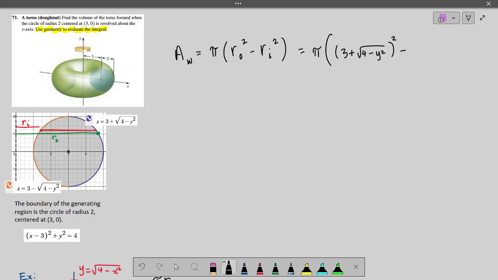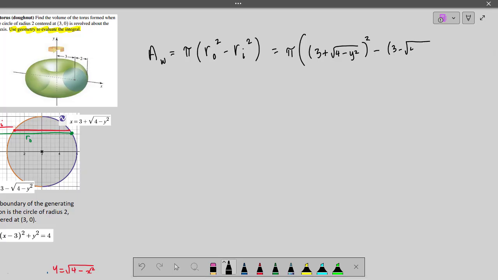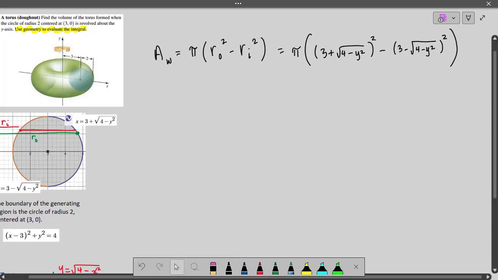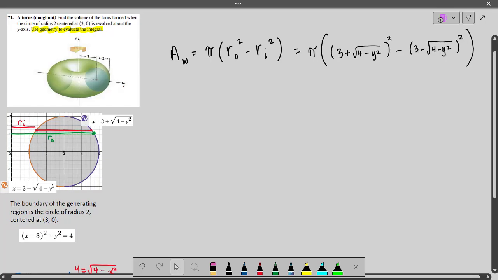That's from the y-axis to the left edge of the curve. Well, the left edge of the curve is this one right there. So it's going to be that minus 0, but then we have to square it also. So we're going to have 3 minus square root of 4 minus y squared, quantity squared, all of that. So that is going to be the area of the washer.